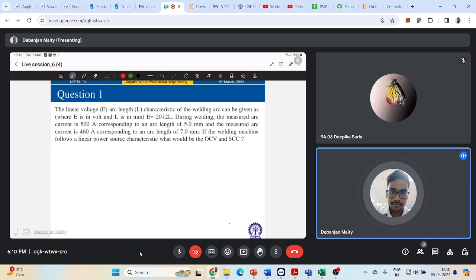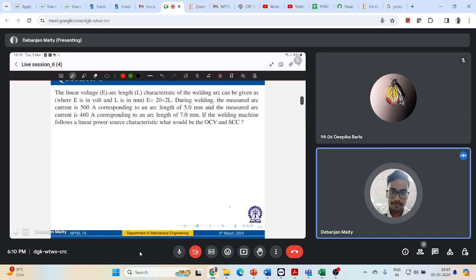Let us start with something called melting rate. How can we define melting rate? Melting rate is basically the resistance heating of the electrode.